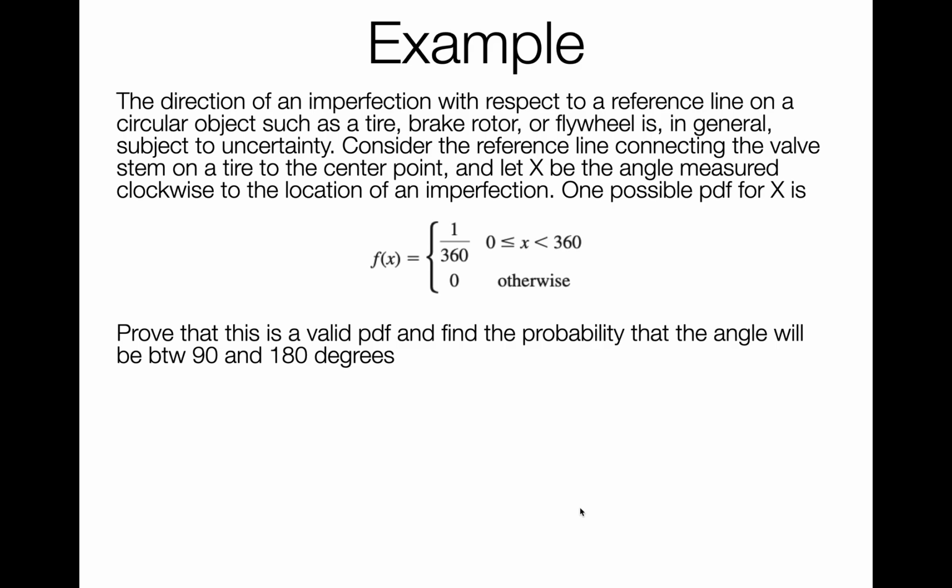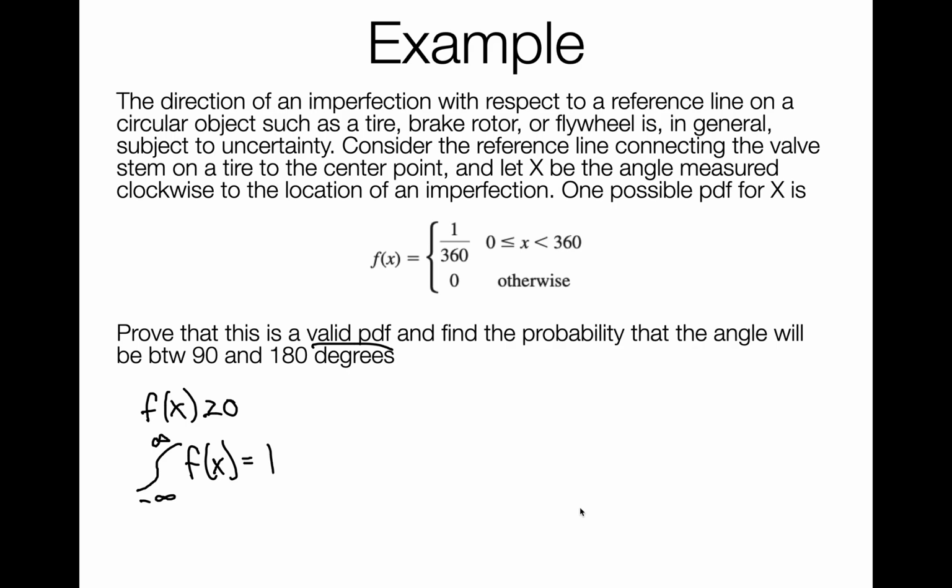So the first thing that we need to do, valid PDF. Valid PDF means that f of x is greater than or equal to 0, and the integral from negative infinity to infinity of f of x is equal to 1.